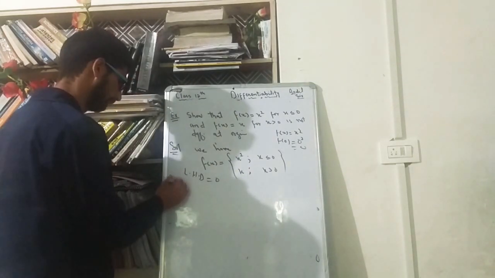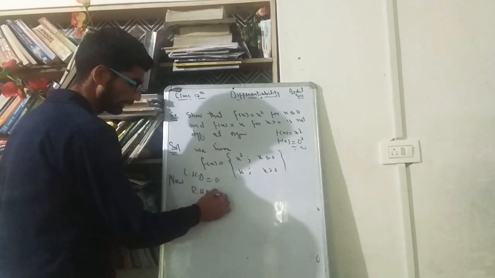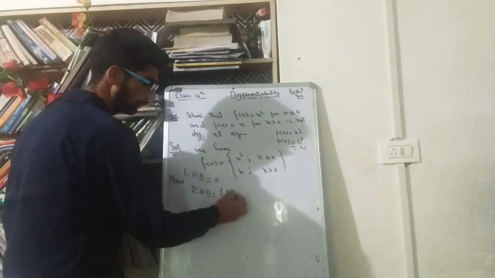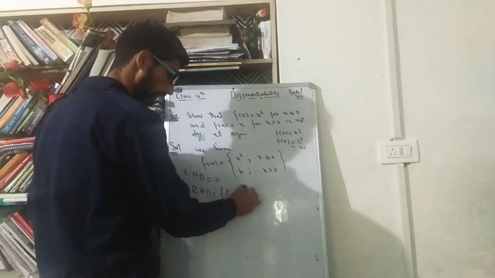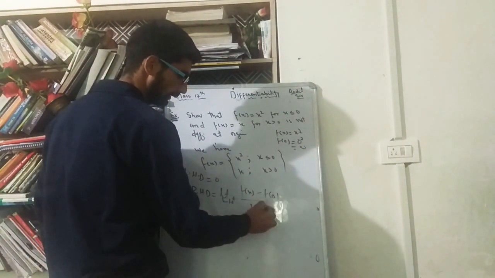Now the right hand derivative is equal to limit x tends to 0 positive, f of x minus f of 0, divided by x minus 0.